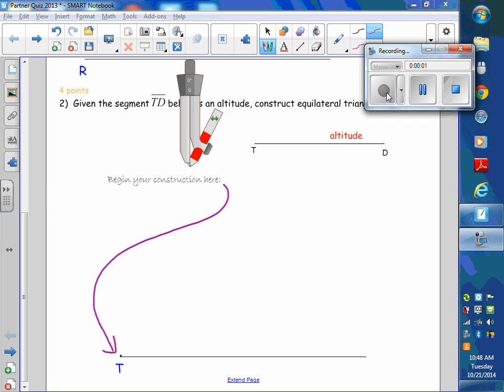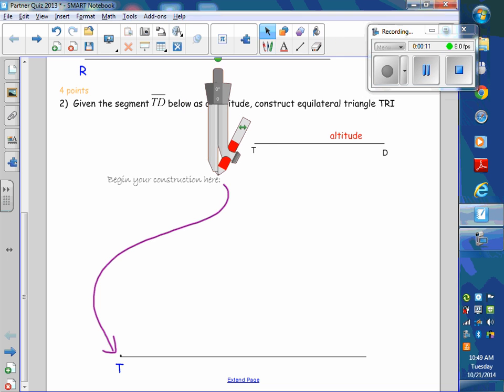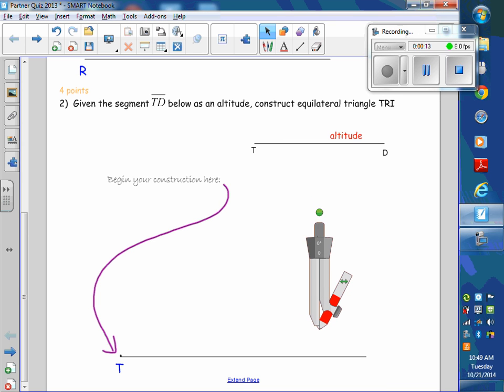Let's do a problem. This is number 2 on the partner quiz. I think about it with a sketch. If I have the segment TD, that's what this is saying below, as an altitude, right here, segment TD, I'm going to make equilateral triangle TRI, and T has to be at the starting point.